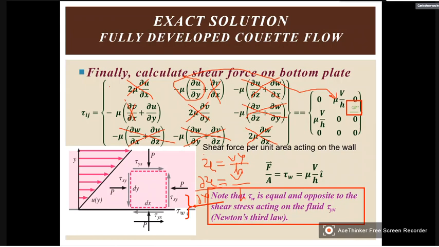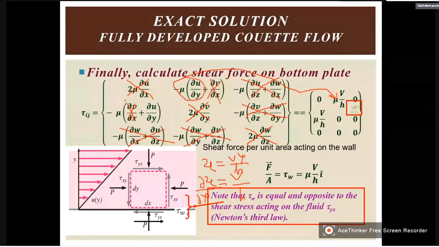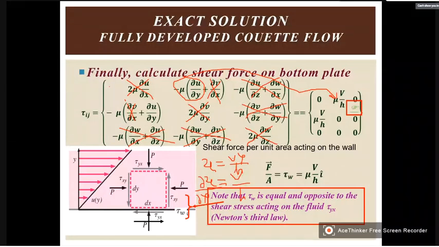Because if you consider this, this is the shear stress due to the fluid. So the shear stress on the plate will be in opposite direction.